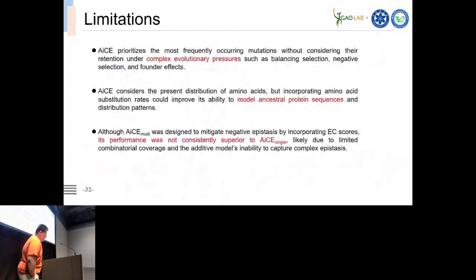Of course, ACE isn't perfect. Its biological explanations are still limited, and its results can sometimes vary. We are working to improve both. Still, ACE keeps things simple and efficient to lower experimental cost and make it easy to use.